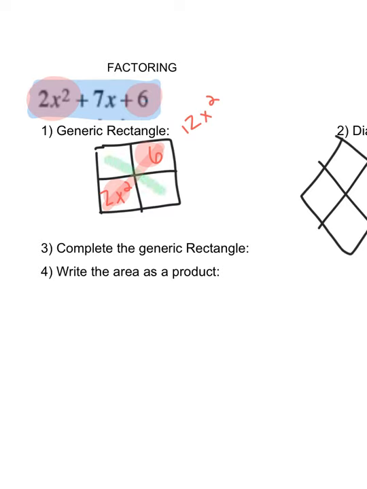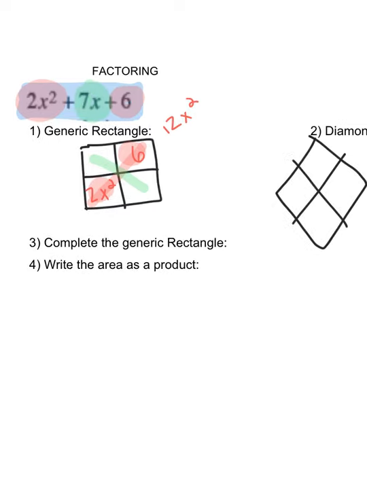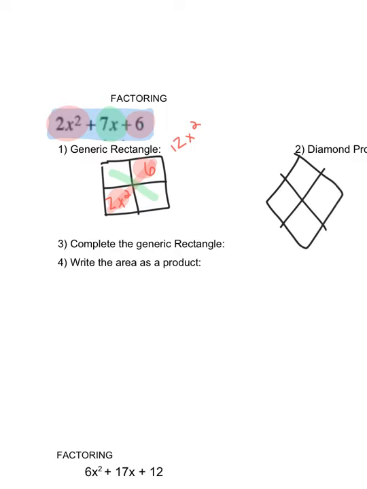We also know that those missing 2 numbers, when I add them together, are going to add and combine the like terms to make this 7x. So over in this diamond problem, we know that we want to multiply to the 12x squared and add to the 7x.